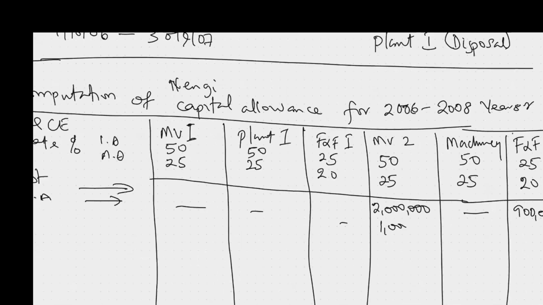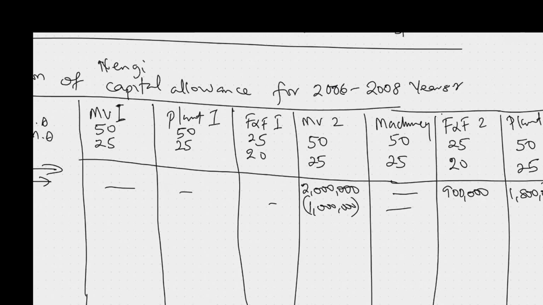This should be 20% of 900, which is 180. And 50% of this 900.